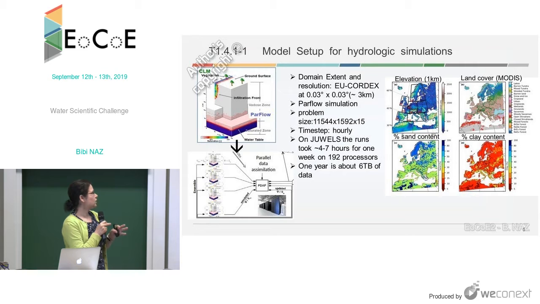On JUWELS at the JSC, it took about 4 to 7 hours for 1 week of simulation if we use 192 processors. And for 1 year of simulations, we need about 6 terabytes of data storage.